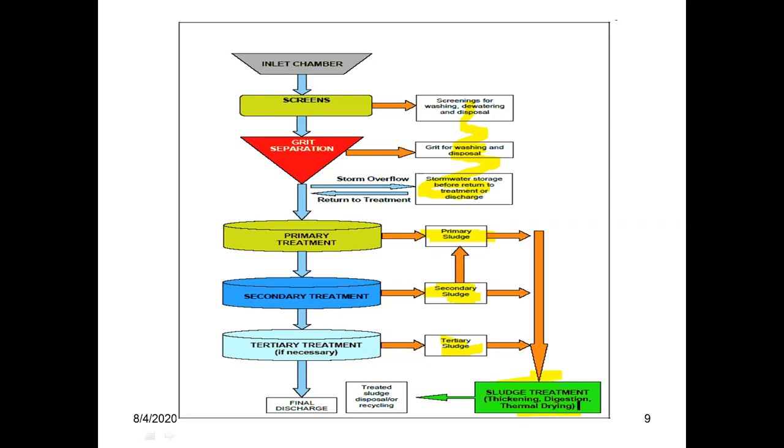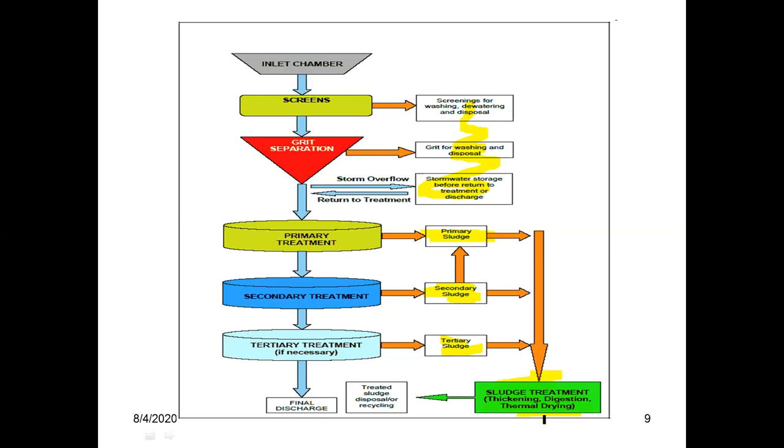Usually sludge treatment consists of thickening and digestion, meaning aerobic digestion and anaerobic digestion. There are also dissolved air flotation units, and there is anaerobic digestion where biogas is produced, and aeration is done. Then thermal drying, it may be sun drying. There are sun drying beds or sand drying beds like that.